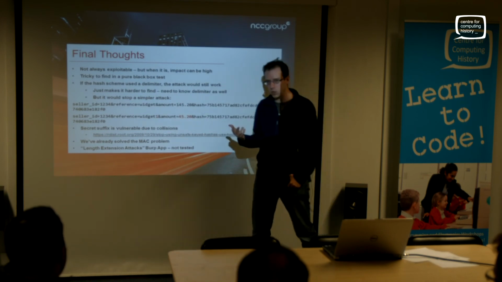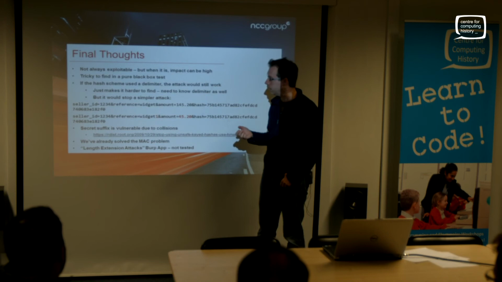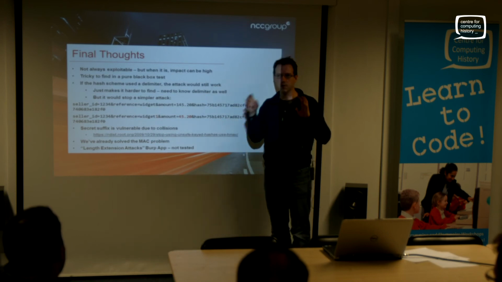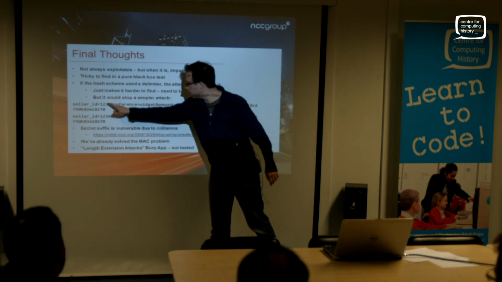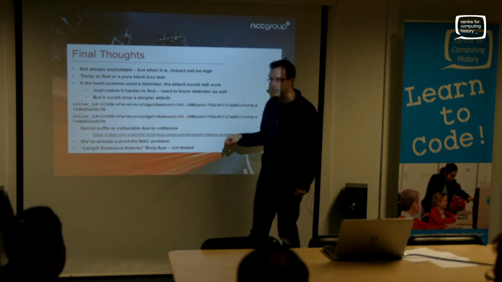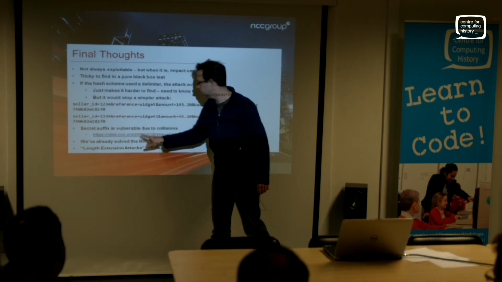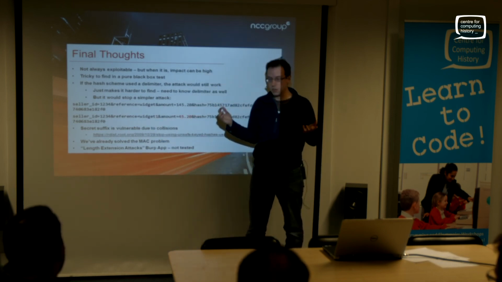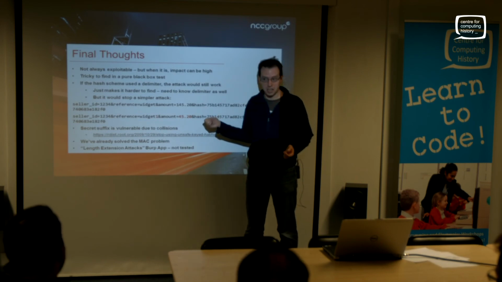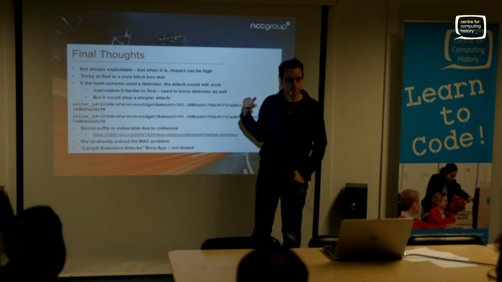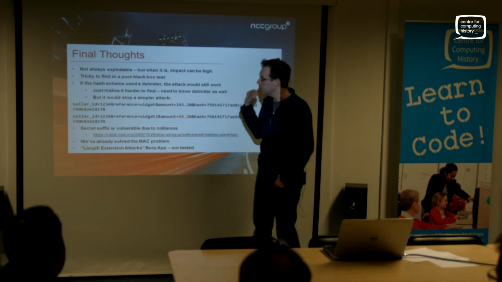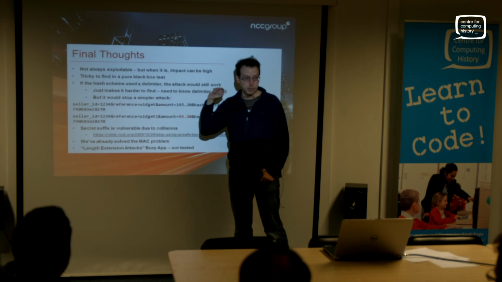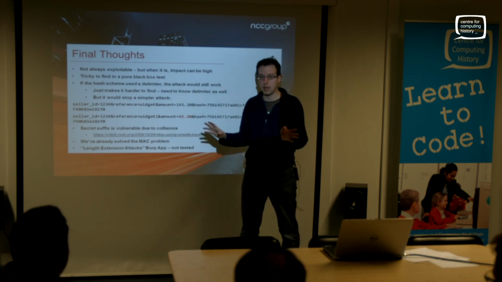But if you remember the original scheme, it was doing the hash of the secret and concatenating all the parameter values. Well, if you concatenate that with that with that, it's exactly the same as that and that and that. So that's even simpler, actually. I could see that one being more realistic to actually find. Yeah, that's quite nasty. But if it was putting a delimiter in, then that attack wouldn't work.